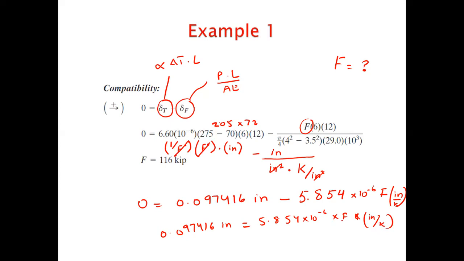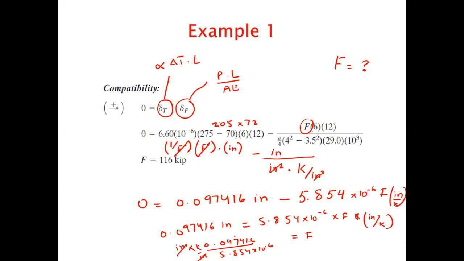When we take this value to the other side, it will be 0.097416 divided by 5.854 into 10 to the power minus 6 is equal to F. And the unit will be inch divided by inch per kip. So inch to inch cut, and the value will be in kip.